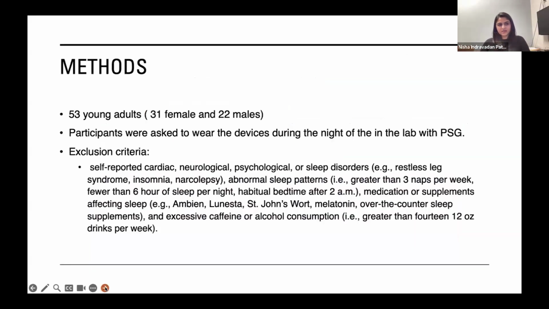And so with the methods, these 53 young adults were asked to wear the devices or have one of them, the Withings mat, placed under their mattress during their PSG. So these patients were already scheduled for PSG, and they were allowed to have these devices on at the same time as the PSG was done.